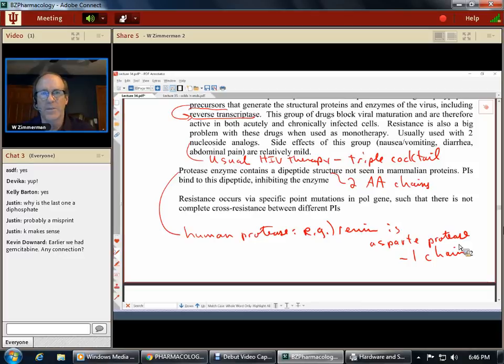And therefore we can get some really good selectivity, because when you think about inhibiting protease enzymes, it's like, my goodness, protein. It takes us back to the heart failure and the neprilysin inhibitors and so on. How could you get some selectivity here if you're inhibiting protease enzymes? Well, it's the dipeptide structure.